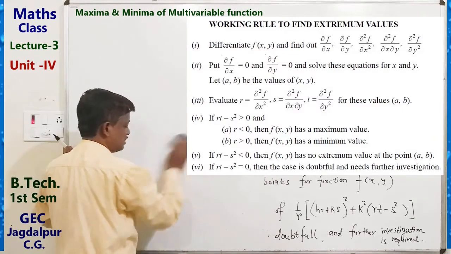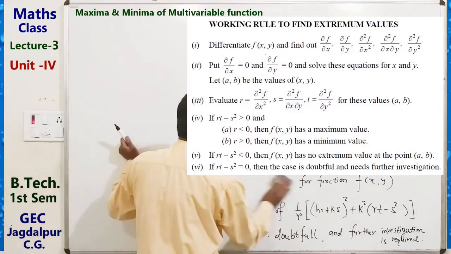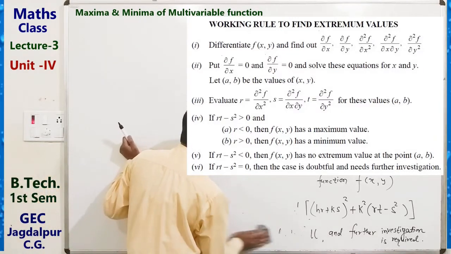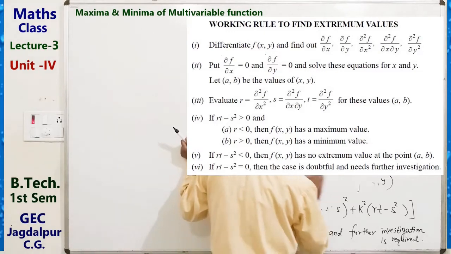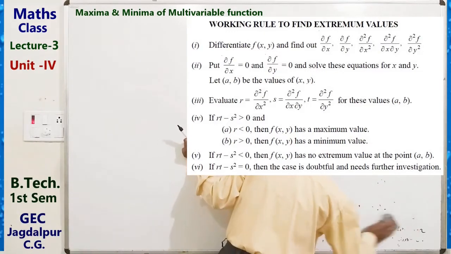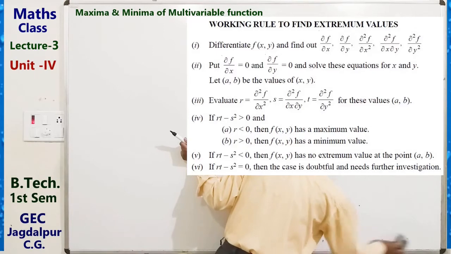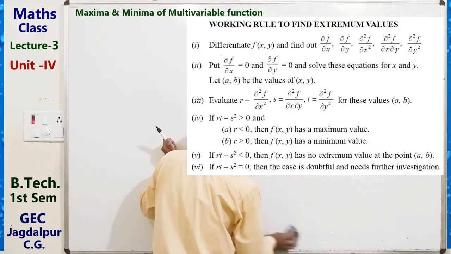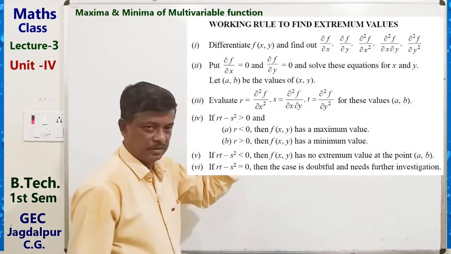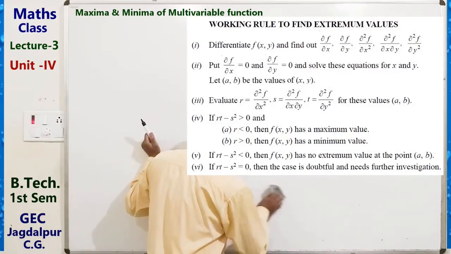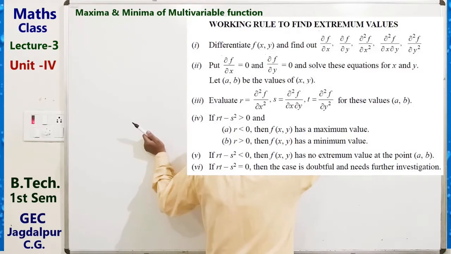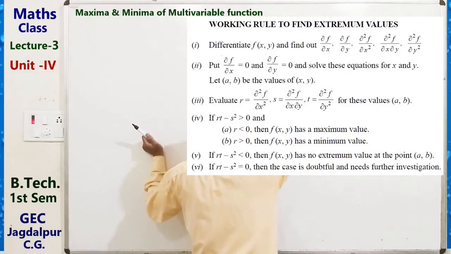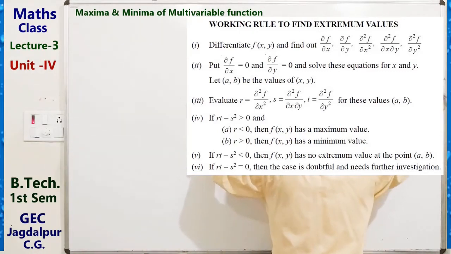If rt minus s square is greater than 0, then see the sign of r. If r is less than 0, then maximum; if r is greater than 0, then minimum. And if rt minus s square is less than 0, then there is no maxima, no minima. The stationary point is not a maxima or minima.